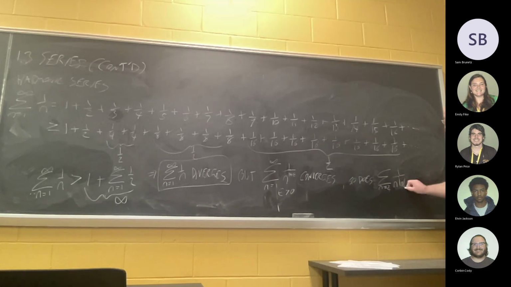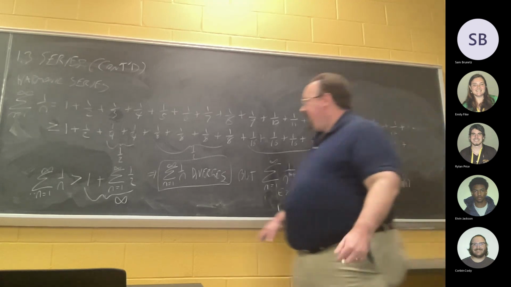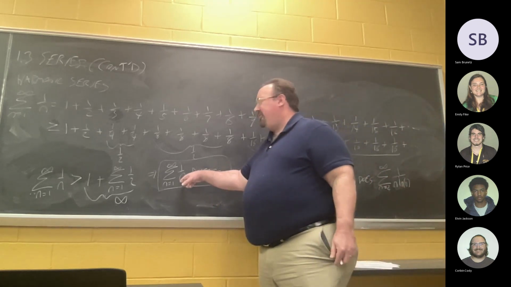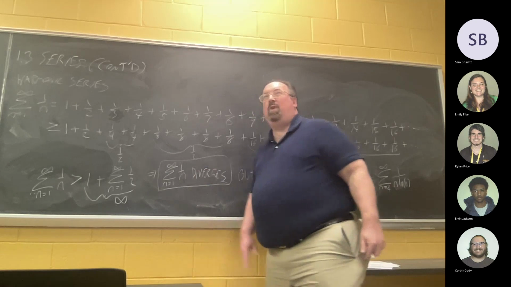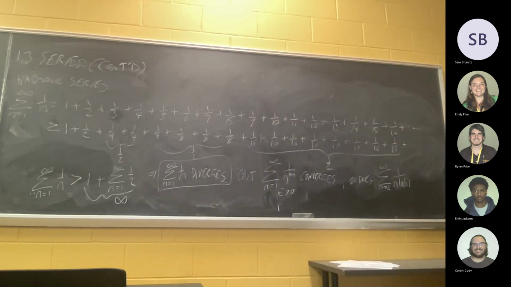This series also converges. We'll see the integral test be able to establish that. So the harmonic series has just barely the wrong rate of growth in the denominator. If the denominator had been growing just a little bit faster, it converges.